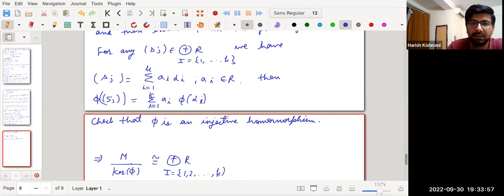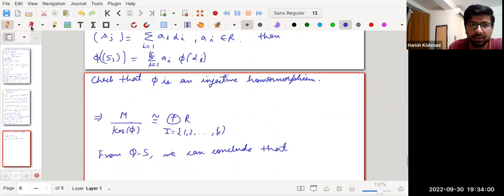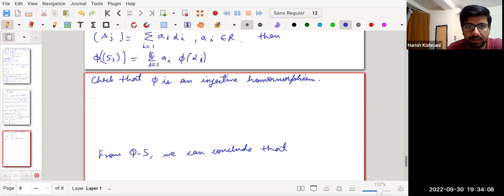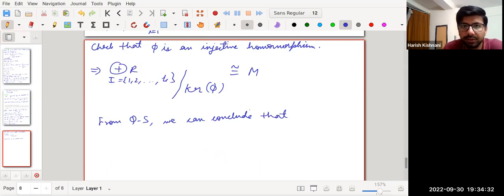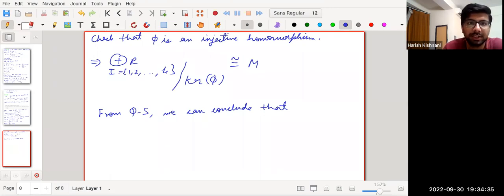Once you have this, you can say that from the direct sum of R, i is 1 to k, you have an injective map. So the kernel of, modulo the kernel of phi, is isomorphic to M. We conclude that, and this R is a free module.